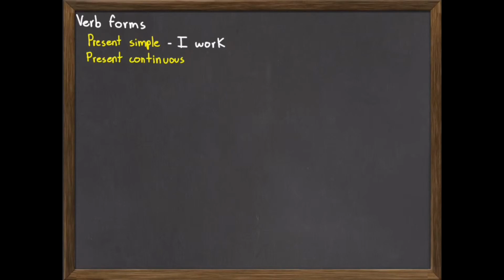We use present continuous to talk about things that are happening right now or about now, and temporary situations. For example, I'm working today. We also looked at the past simple. We use the past simple to talk about things completed in the past. I worked yesterday.